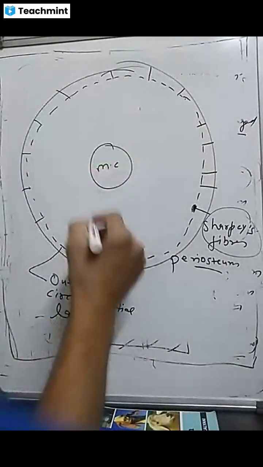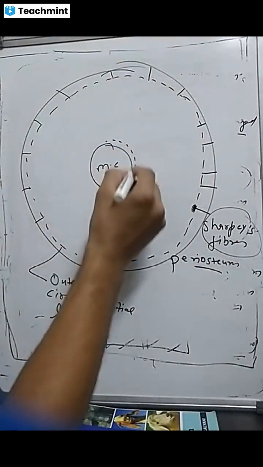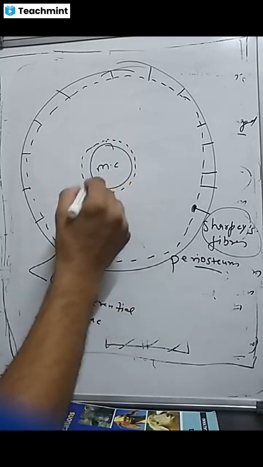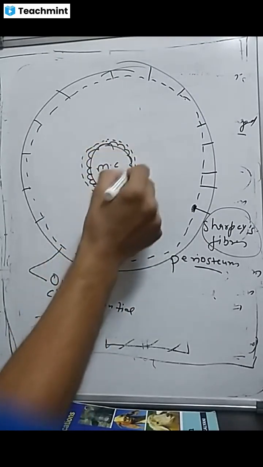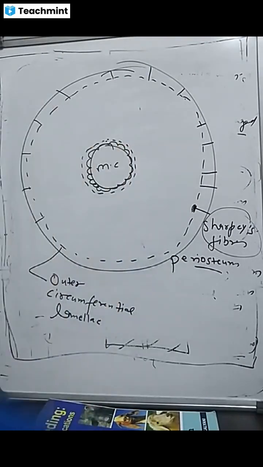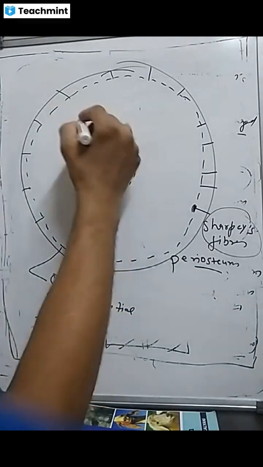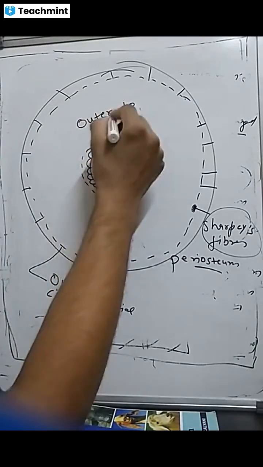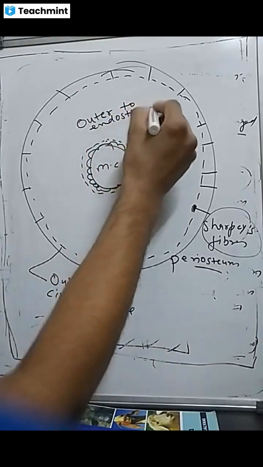The narrow cavity is lined by the endosteum.